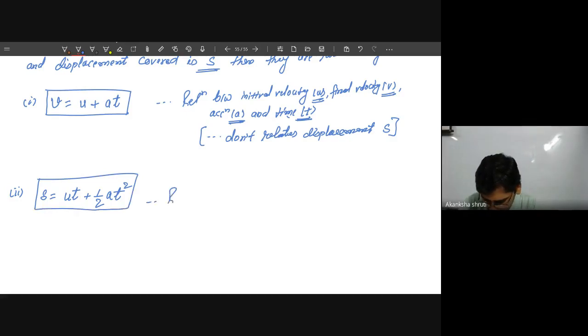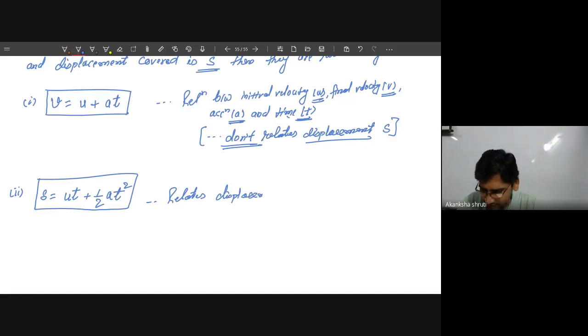So what does it relate? Displacement. This displacement was not given by the first relation, v equals u plus at. It is given by the second relation, s equals ut plus half at square.